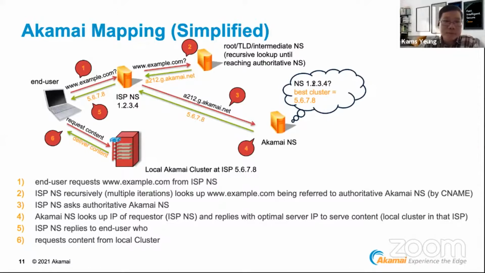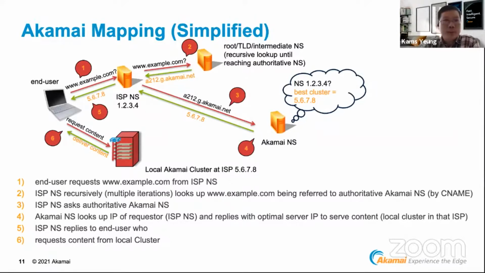So based on the DNS IP, and based on the other factors that I mentioned before, we'll say that, okay, in this case, the best Akamai cluster to map for this end user will be our cluster IP 5.6.7.8. So then we return this IP address 5.6.7.8 back to the ISP DNS and then back to the end user. So now the end user gets the IP address of the most optimal server. Then the last step is the end user sends an HTTP request to that server, 5.6.7.8, and then we deliver the content to the end user.